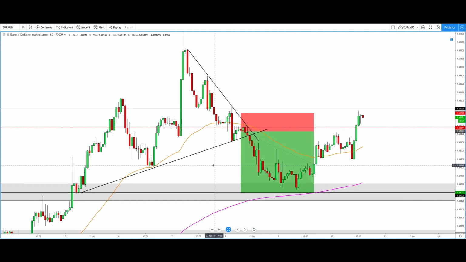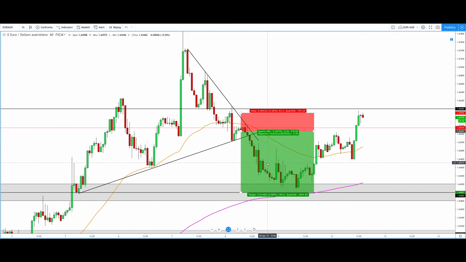Another confluence for this trade was this 200 period MA, because we can see that this MA perfectly matches our take profit and this key level here, 1.64. And so this was another confirmation to help us find the potential take profit.